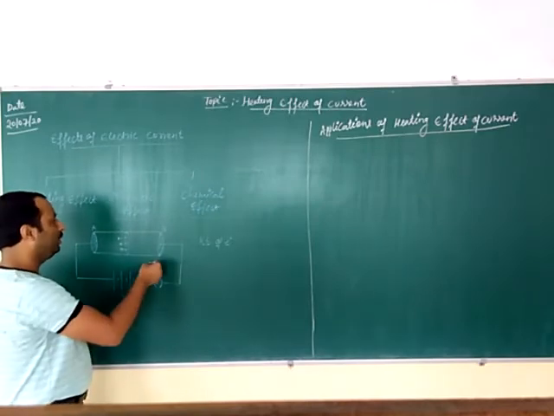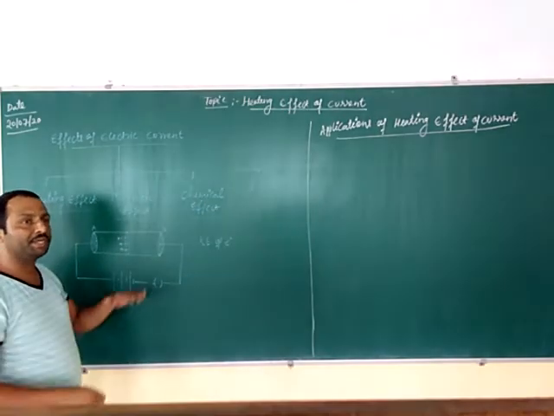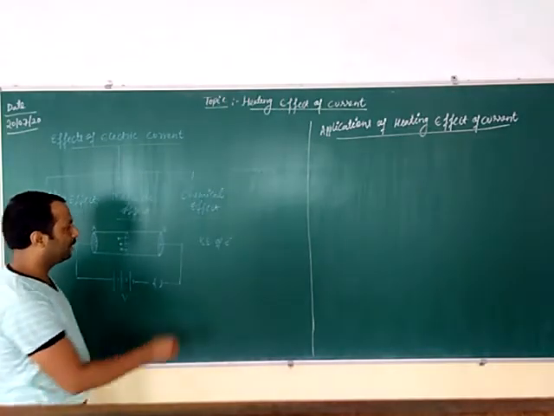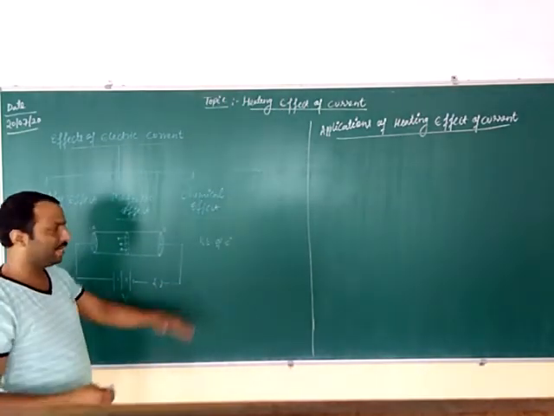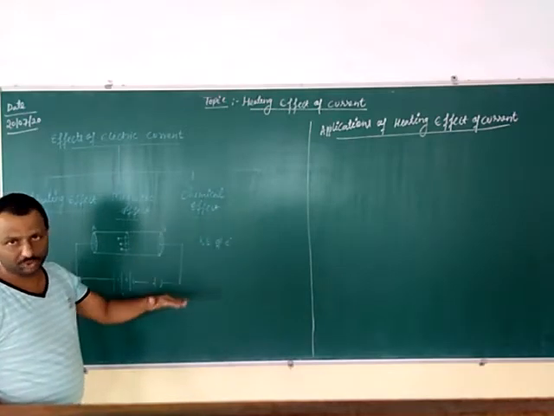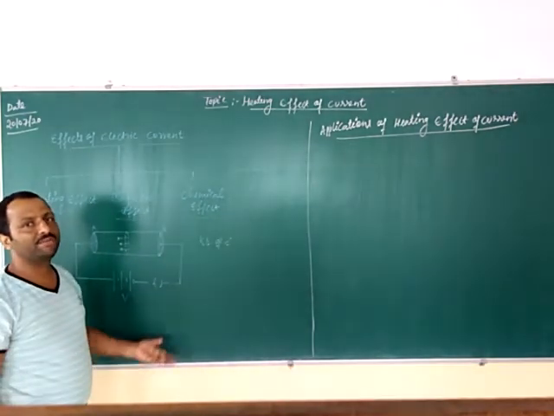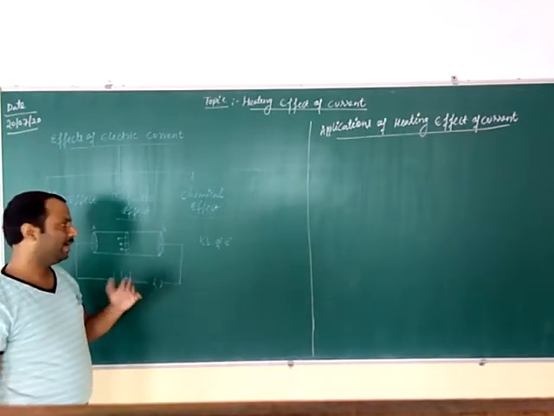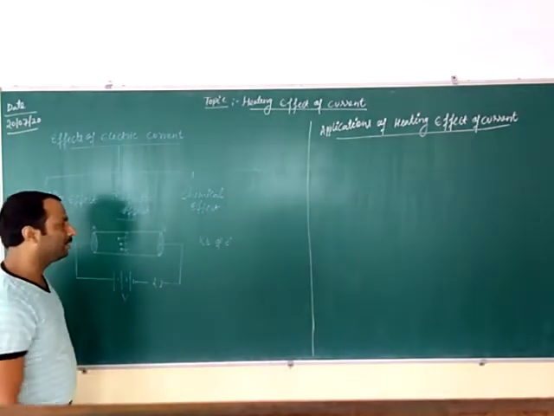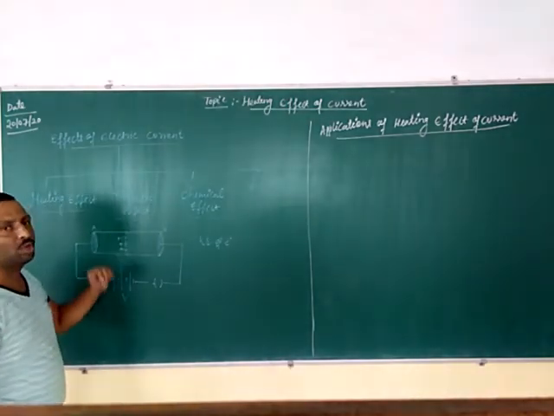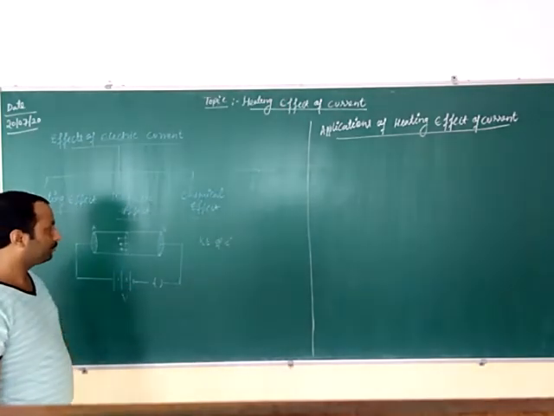They transfer their kinetic energy to the atoms, and as you know, in the crystal lattice, atoms have their own motion. Due to the transfer of energy, their average energy increases, and as the energy increases, the temperature is also increased. So in this way, heating effect is observed in the wire.